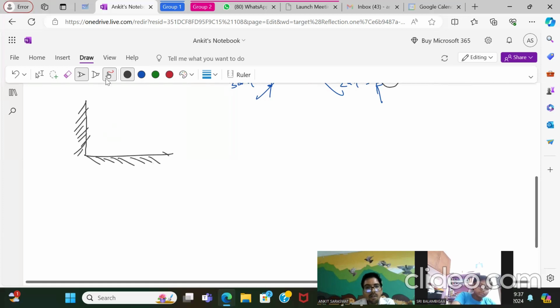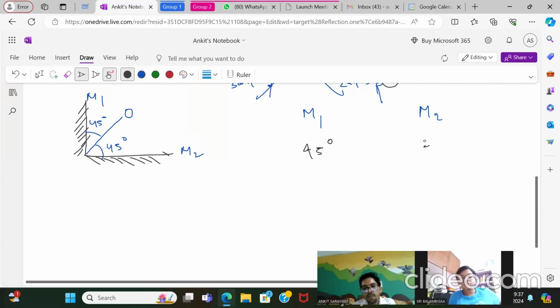The object is symmetrically placed or not symmetrically placed; this method is applicable everywhere. This is 45 degree. This is 45 degree. This is mirror 1, mirror 2. Orderly write down M1, M2. On mirror M1, the object is placed at how much angle? 45 degrees. Very good. Then the image will be formed at 45 degree. Similarly here. Now do the cross.